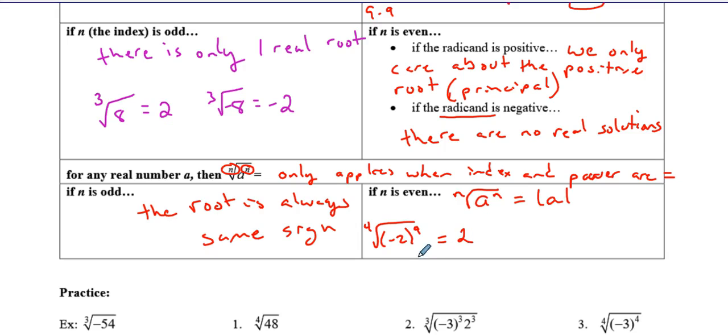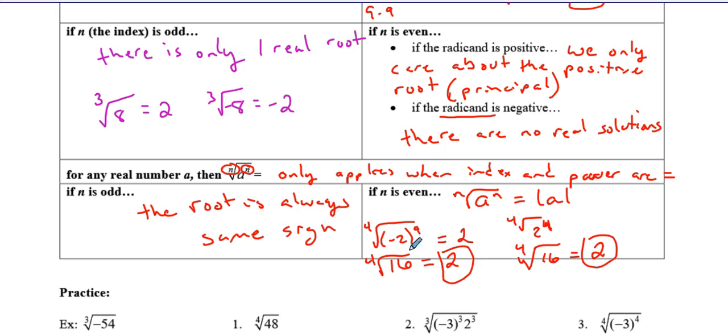The answer is 2, because -2 to the fourth power is 16, and the fourth root of 16 is 2. If I'm taking the fourth root of +2 to the fourth power, well then again, the fourth root of 16 again will give me 2.